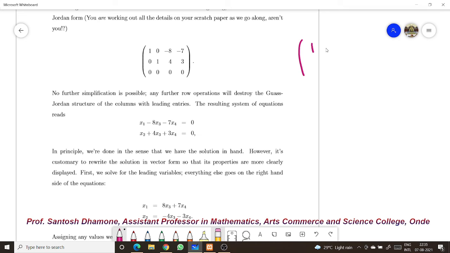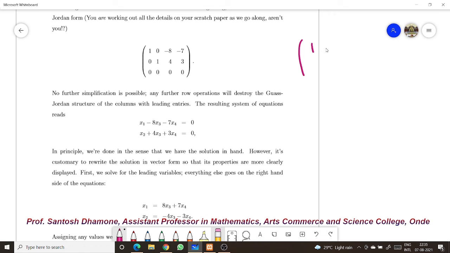Suppose we have x1 minus x2 plus 3x3 minus x4 is equal to 0, 2x1 plus 3x2 minus x3 plus 5x4 is equal to 0.